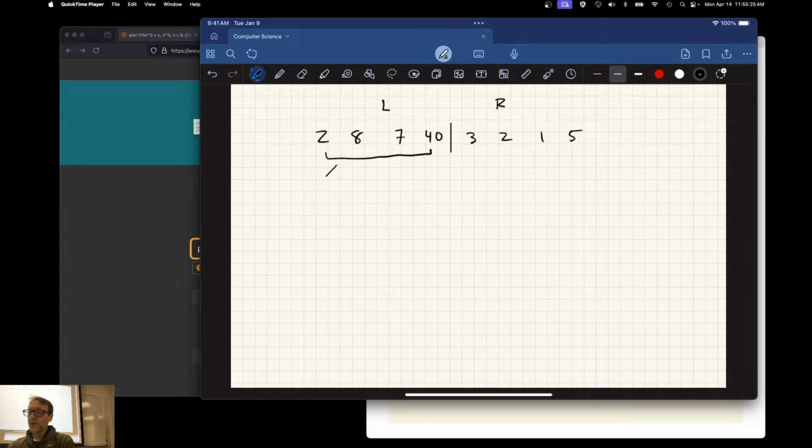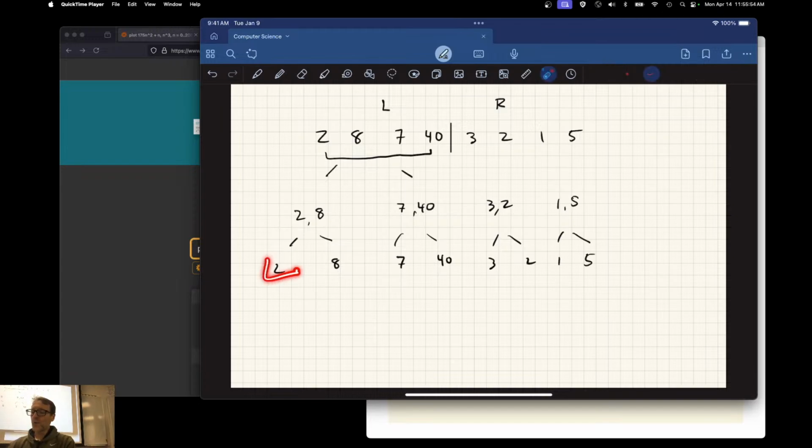So this gets split out again into 2 and 8, and 7 and 40, 3 and 2, and 1 and 5. Now, if I could split 8 into 4 and 4, and 4 into 2 and 2, I can split them into 1s as well.